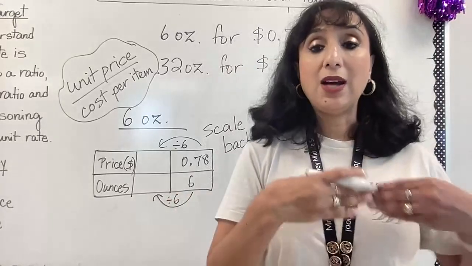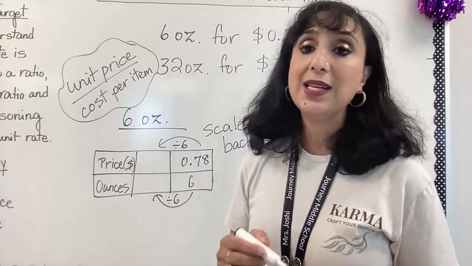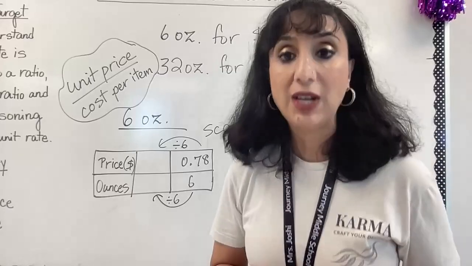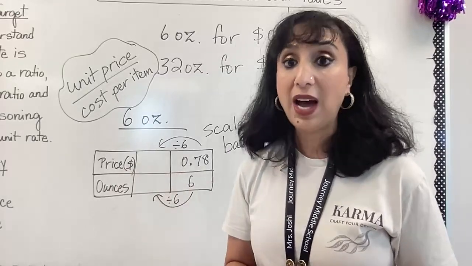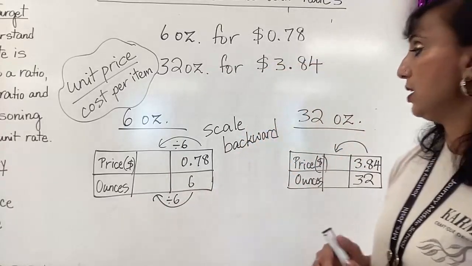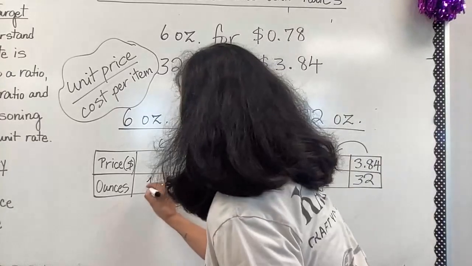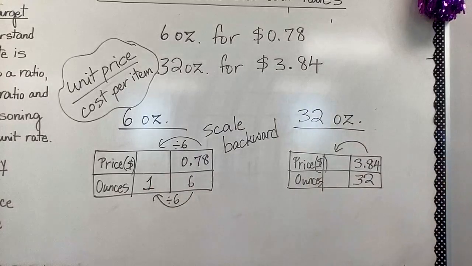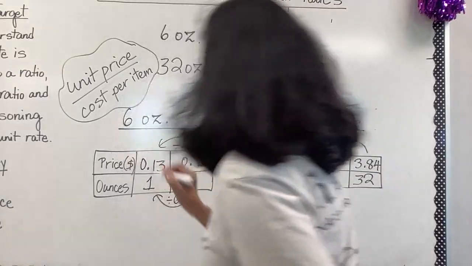Because my denominator has got to be 1. Remember, price or money is always going to be the dividend because I'm trying to find the cost per item. So I always divide the money by the quantity. So 78 divided by 6, and 6 divided by 6, I'm getting over here per ounce, and that's what unit cost is.